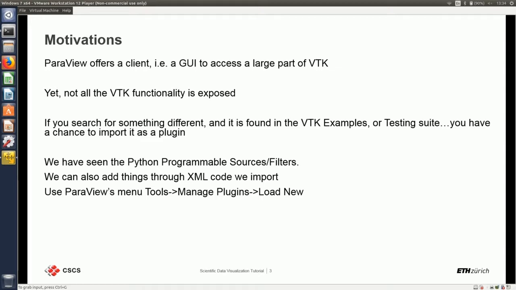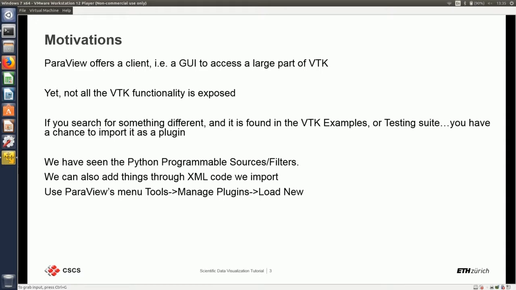So if there's something you know that exists in VTK but is not exposed, in many cases you can import it in ParaView. This is how you would do it. You would look through the VTK examples, looking through the testing suite, etc. We've seen this morning the use of the Python programmable filter and sources. This is most often the place where you would import that functionality.